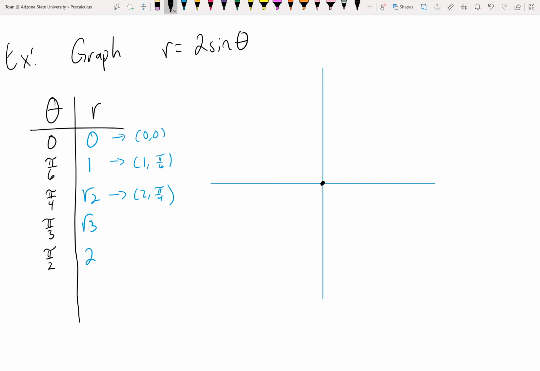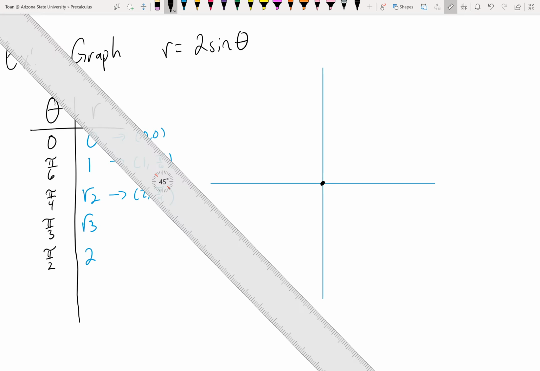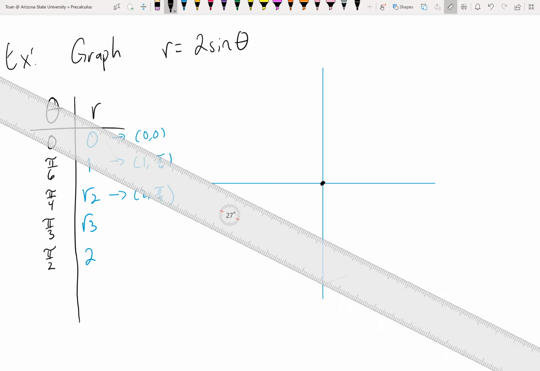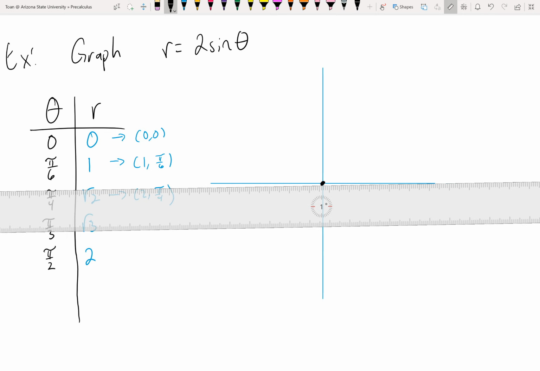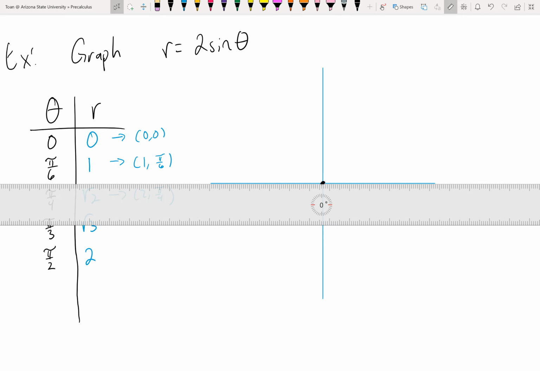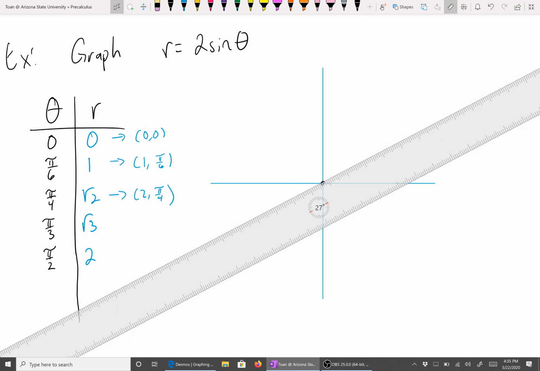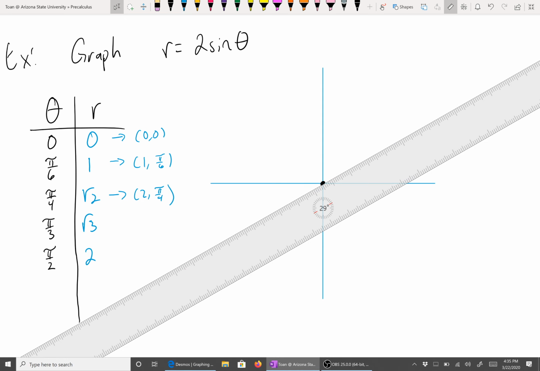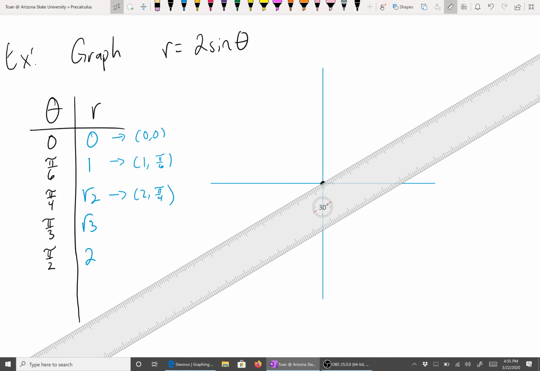So next I go 1 comma pi/6, but I'm going to rotate pi/6 radians first. I do have access to a protractor, so I will use it to be somewhat accurate. I know that pi/6 is 30 degrees. So here's 30 degrees, and I need to walk 1 unit.